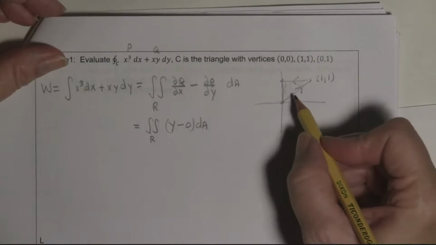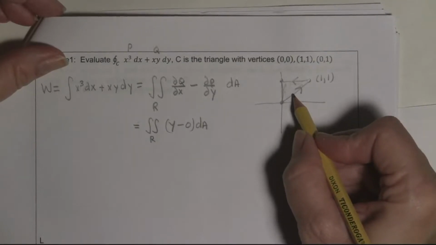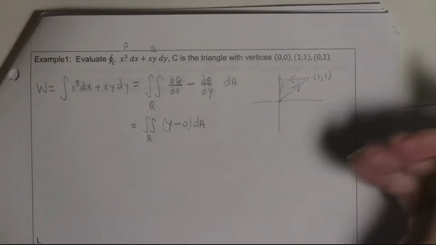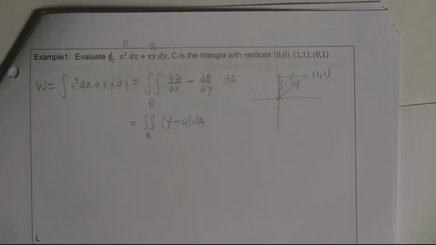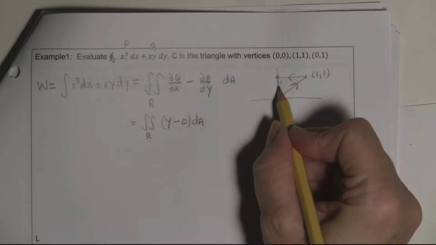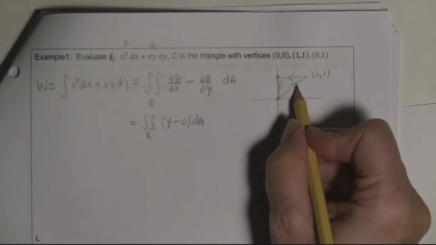If I did dy first, I would be going from the line y equals x to the line y equals 1. That would be just as easy as going this way. If I went here, I would be going from x is 0 to x equals y.